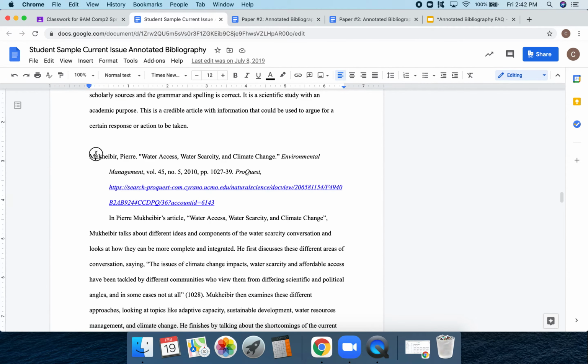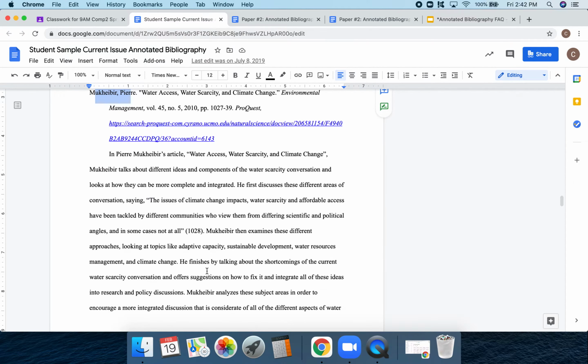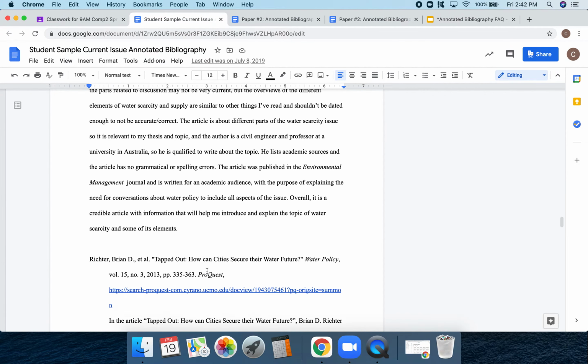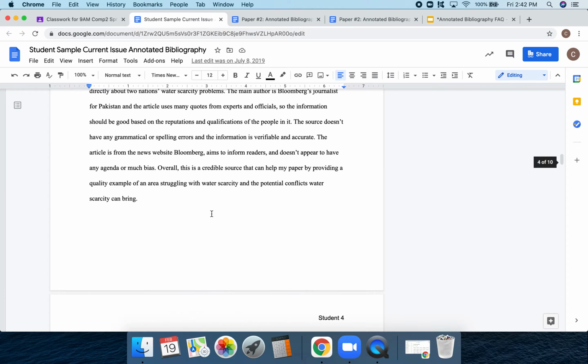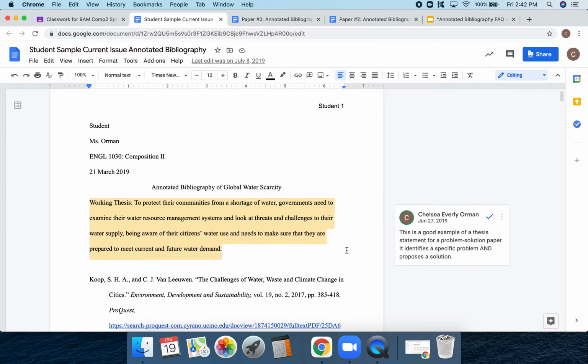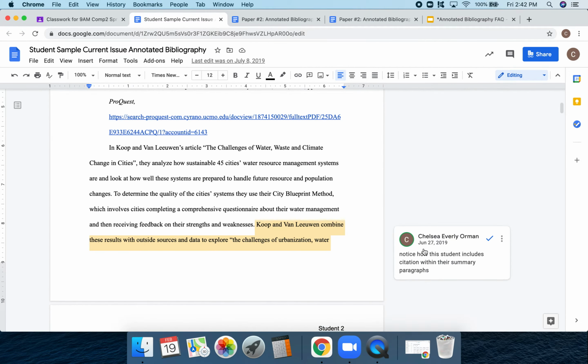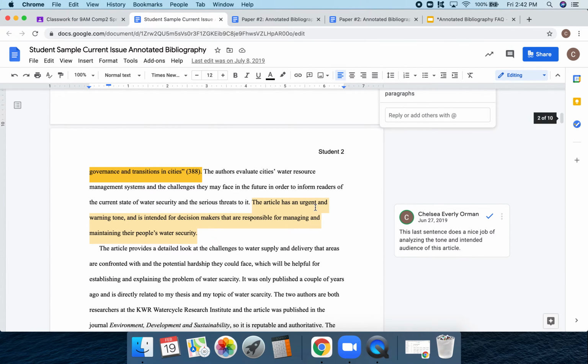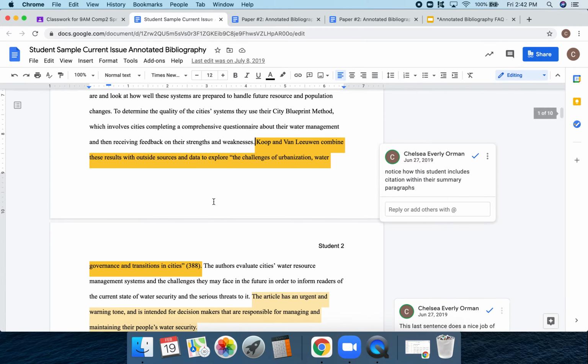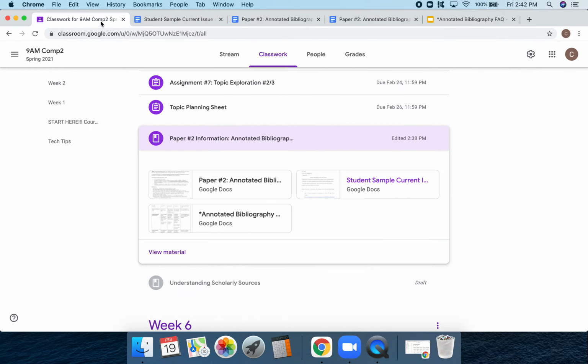You can see the next one just starts right below the previous one, and some of the different ways the summary and evaluation is handled for each of the different types of sources. I've also added some notes over here with notes on the thesis and some of the important details that the student has done well in this example.